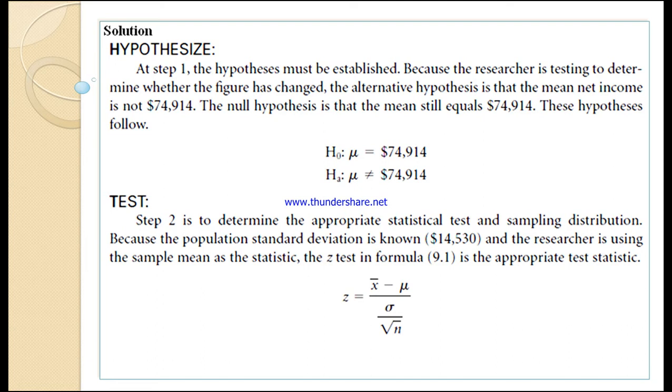In the HTAB system, we find 8 steps, so let's begin with the first task, number 1, which is hypothesize.